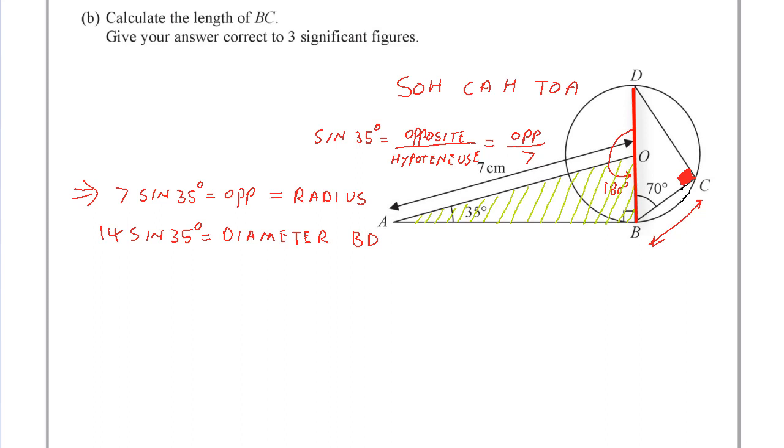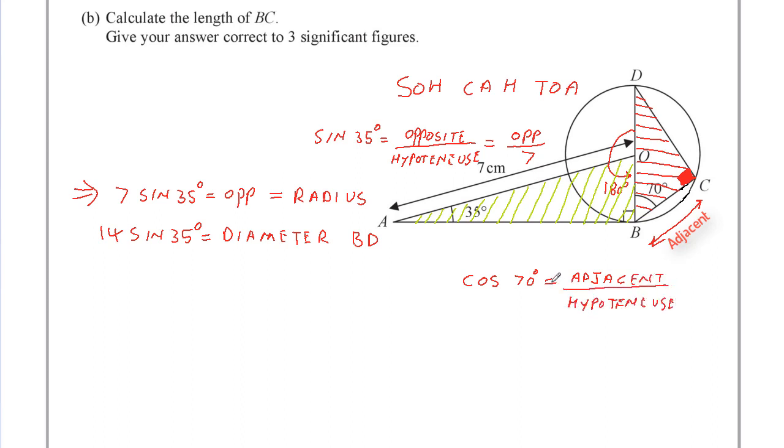Right, now on to this second triangle to find BC. This time we have the hypotenuse, which is the diameter, and this angle of 70 degrees, and we need to find the adjacent, BC. So we use CAH. Cos 70 equals the adjacent over the hypotenuse.